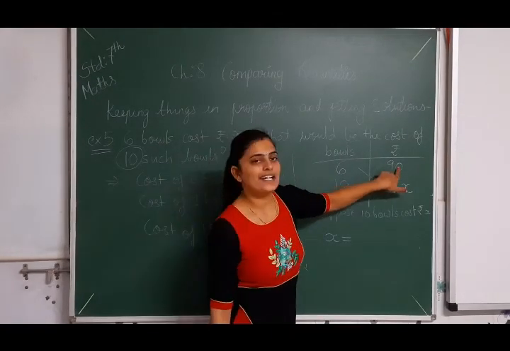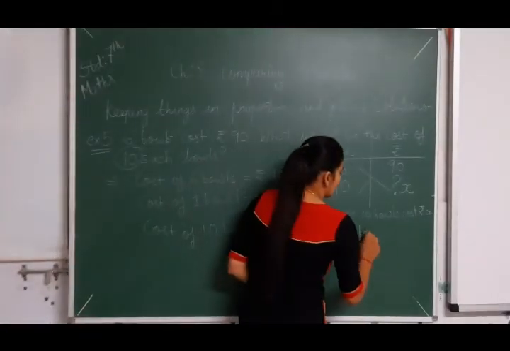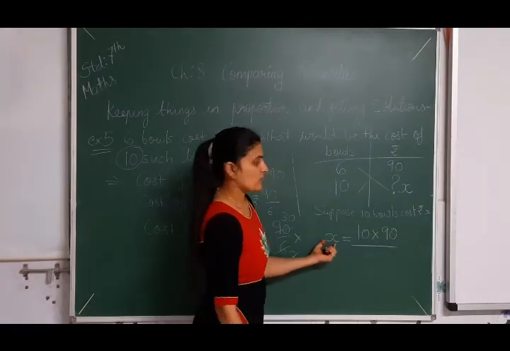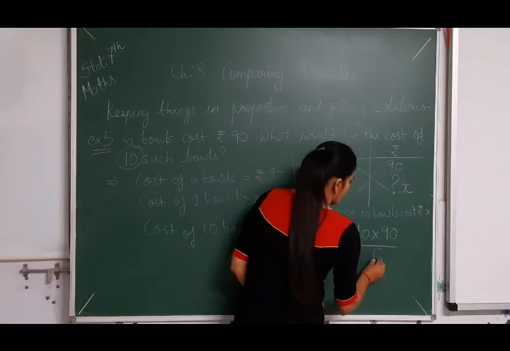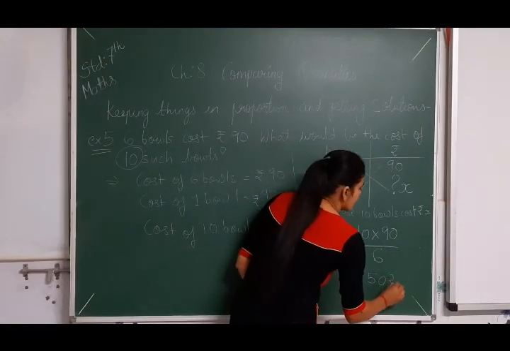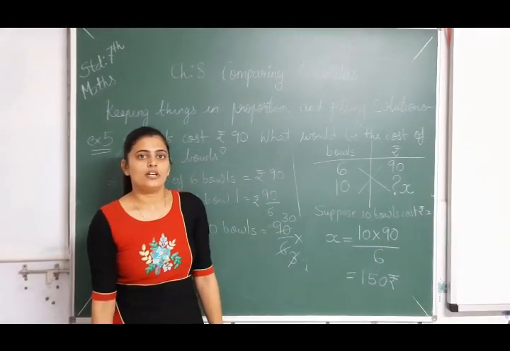So this 10 and 90 both we are having. In the multiplication form we will write 10 multiplied by 90 divided by 6. 6 we will write down over here. Now this we will simplify and the answer will be 150 rupees. So this way also you can get the same answer.